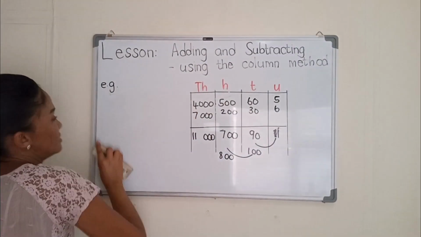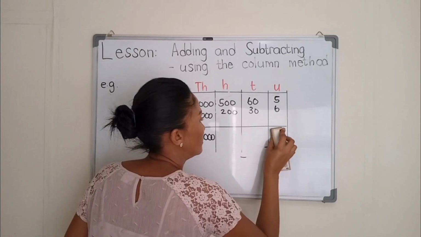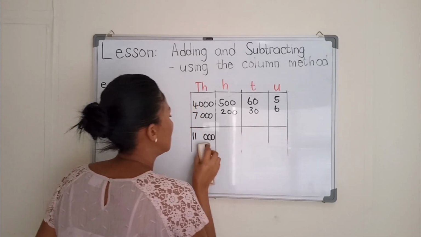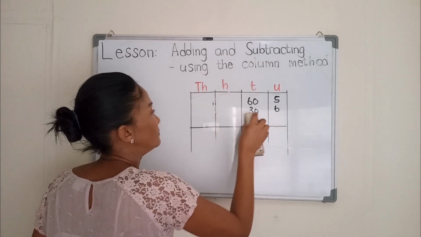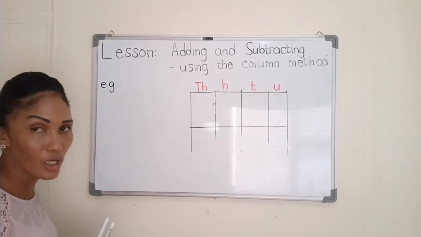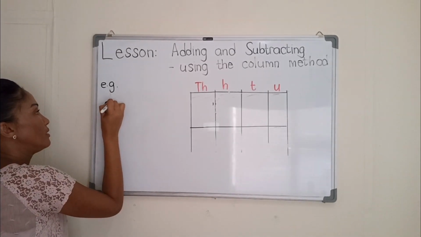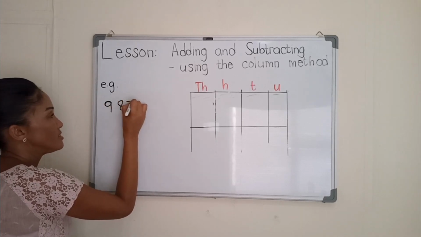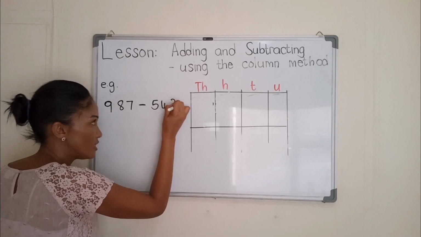Let me just quickly erase here. Just going to erase all of that. Now remember what I said, when we subtract, we're taking away. So 987 minus 543.